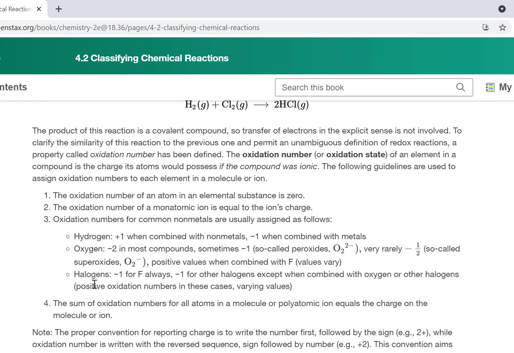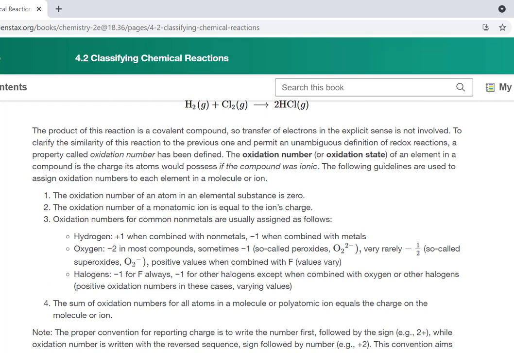And then the halogens are usually -1. That is always true for fluorine. The other halogens can be something other than -1, particularly if they are with an oxygen.